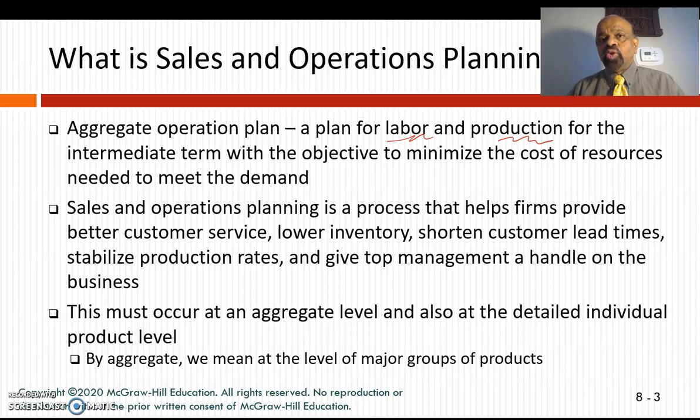That means I'm going to hire more and more as we have to assemble more, or fire some people if I have to lessen the number of assembled laptops, that kind of thing. That's the plan we are talking about. These are the aggregate level plans.